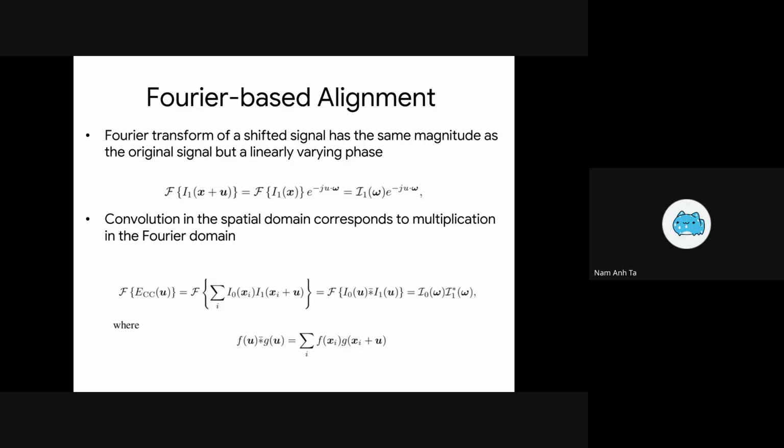The second is the convolution theorem. Convolution in the spatial domain is equivalent to multiplication in the frequency domain. This allows us to replace traditional spatial sliding with simple multiplication, and we can perform cross correlation in the frequency domain.